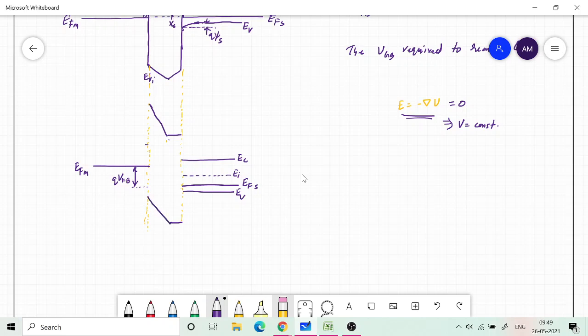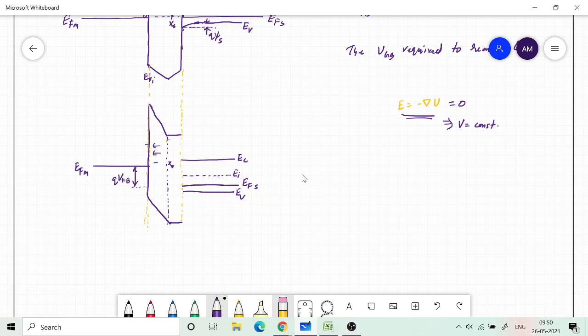Okay, so this is the situation in the region between 0 and x0. x0 is the place where I have the positive fixed charges in the oxide. Now you look, you have negative charges on the metallic plate, positive charge at x0. Electric fields are basically from positive to negative charge like this.